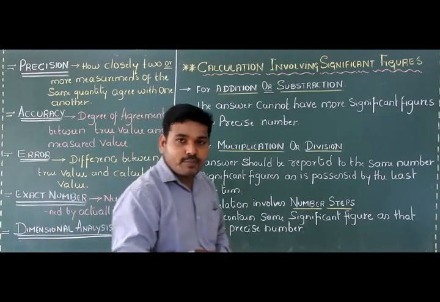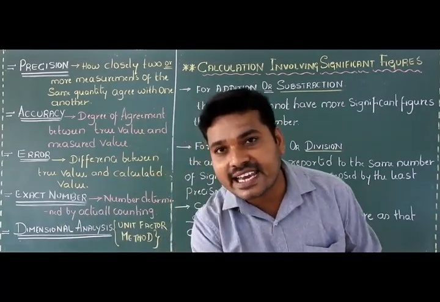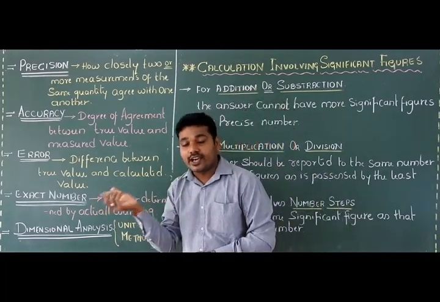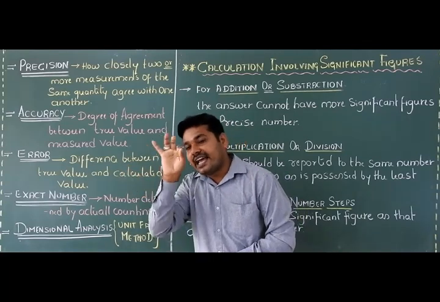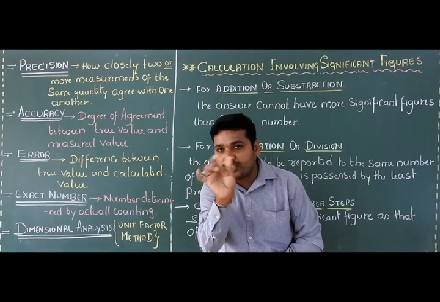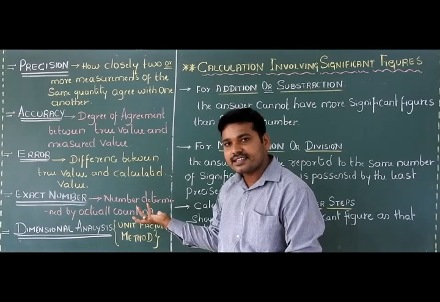Suppose instead of 9.8, during the calculation you may get less than 9.8 or more than 9.8. So either you will get 9.7 or you may get 9.9. 9.7 means a 0.1 difference. That 0.1 difference itself we call an error, students. Are you all understanding this point?